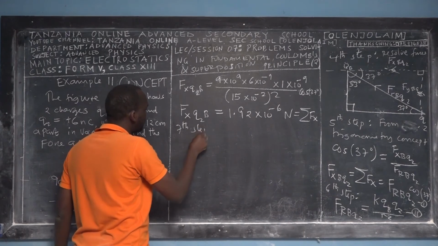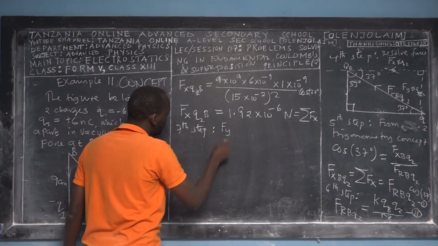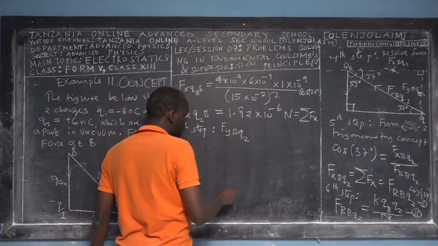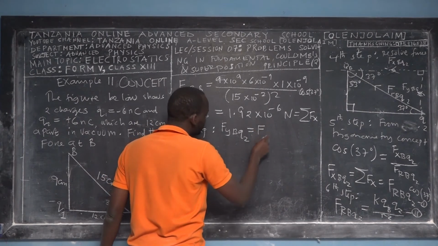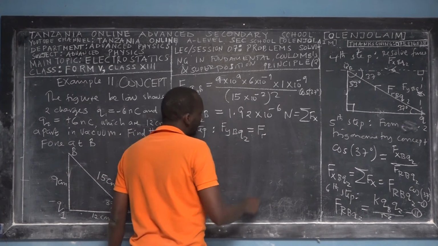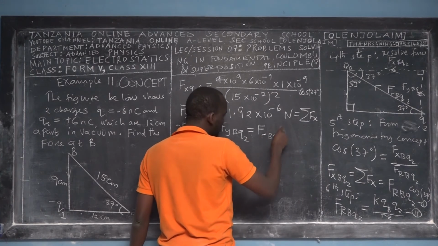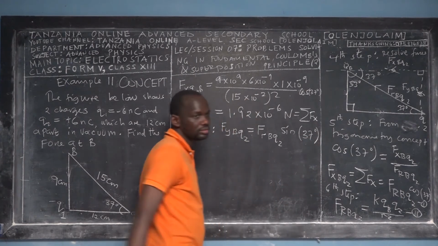The seventh step, by using trigonometry, we say that the horizontal component of force due to the charge at B, Q2, is equal to what? It will be equal to the resultant force on B due to Q2 times sine of the angle, which is 37.